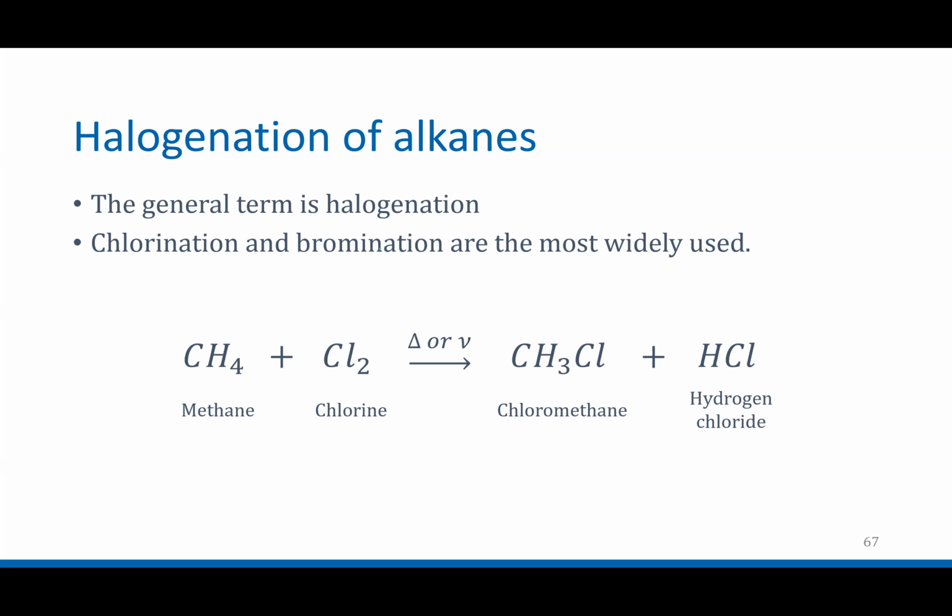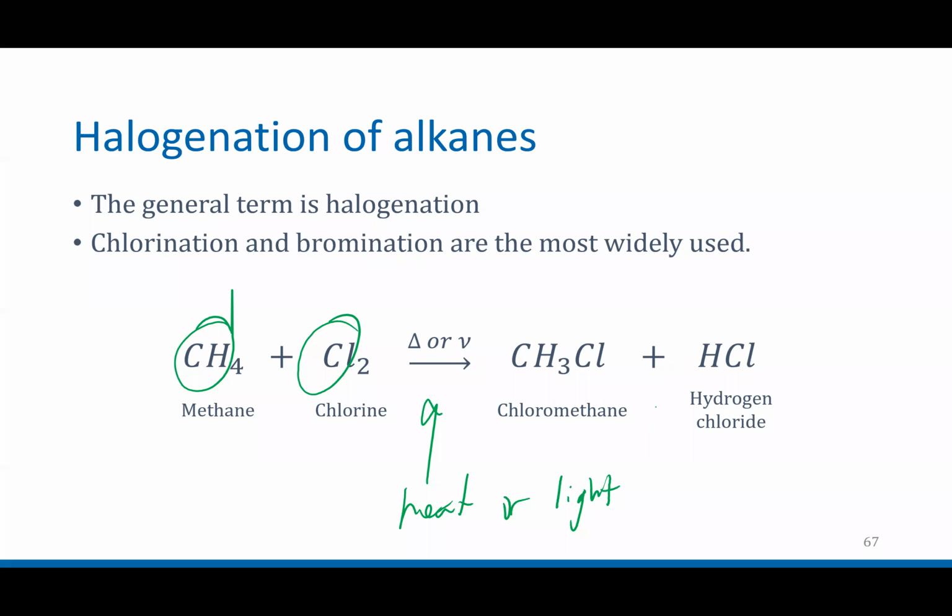Chlorination and bromination are the most widely used. So we could take a hydrocarbon and react it with chlorine or bromine with a little heat or light. And we can replace one of those hydrogens with a chlorine.